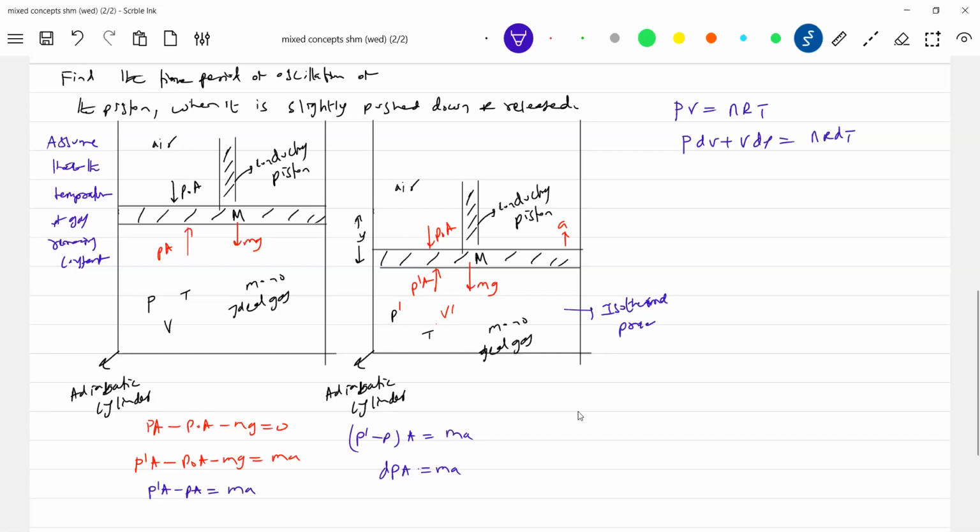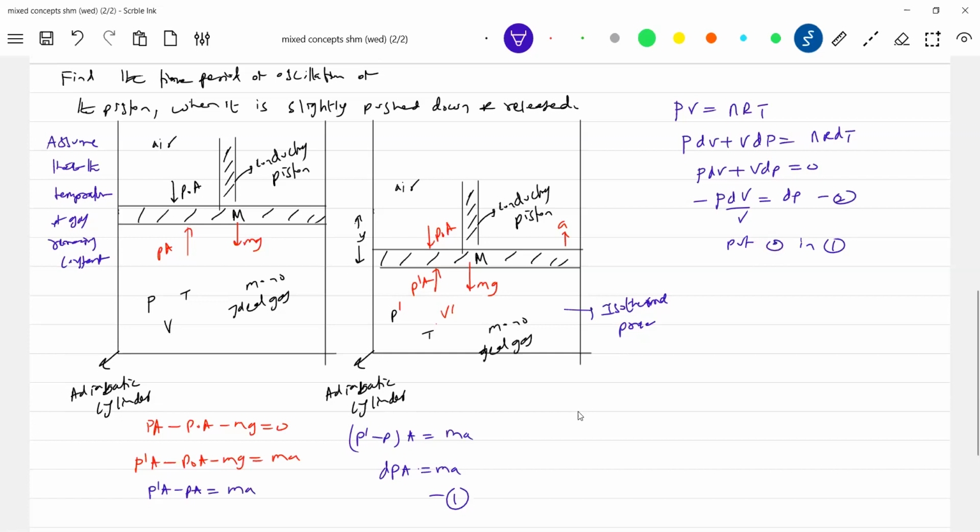For an isothermal process, dT will be 0. Therefore P dV plus V dP equals 0. Therefore dP is equal to minus P dV by V. That much I can replace here. This is equation 1. This is equation 2.